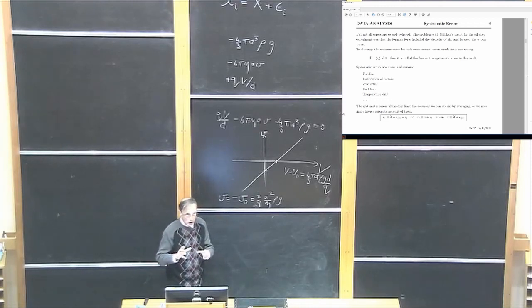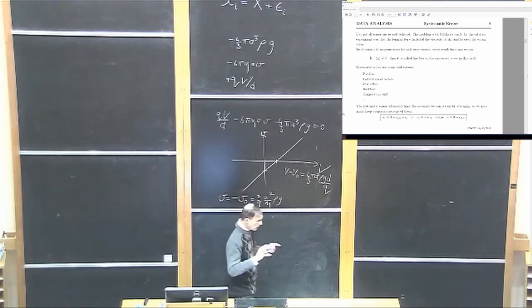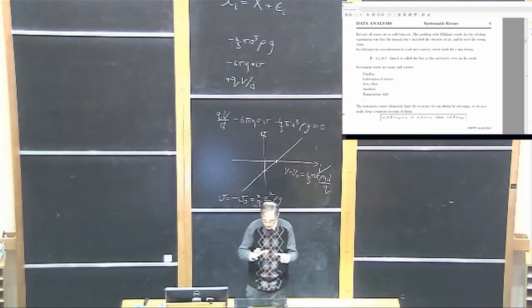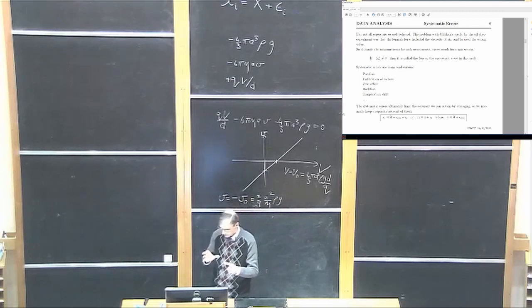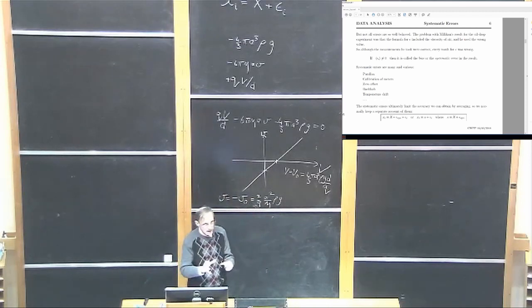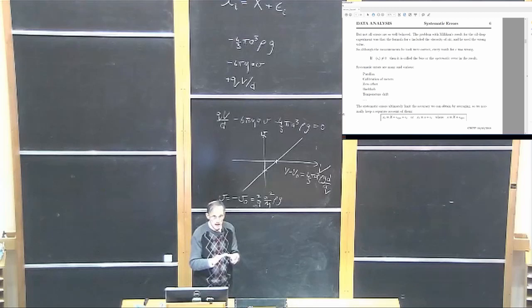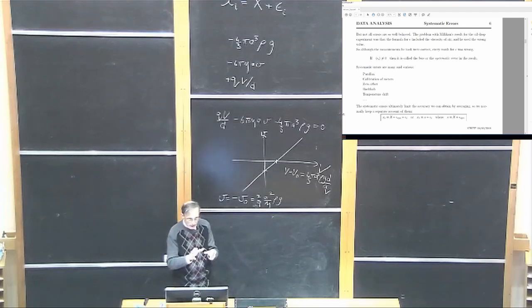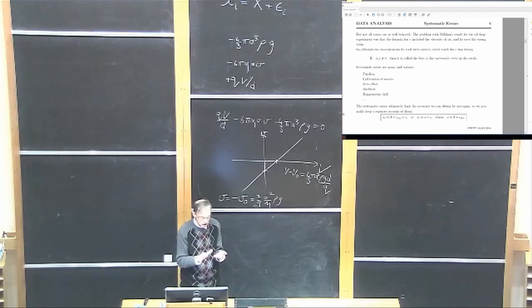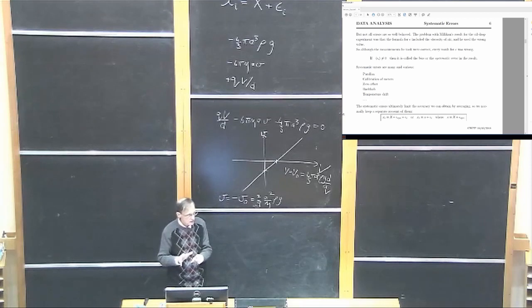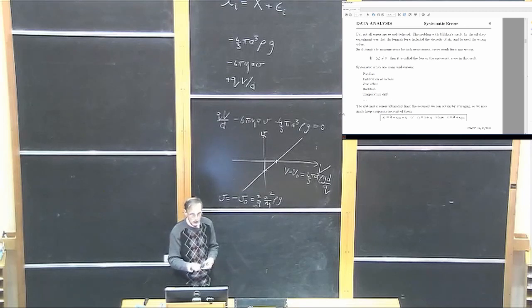But actually, in a well-designed experiment, the systematic error will probably be the thing that limits how accurate you can get. By taking more data, you can reduce the statistical errors, but you can't reduce the systematic errors. So you can, in principle, reduce the statistical errors to the point where all you're left with are the systematic errors. So you really do need to understand them.